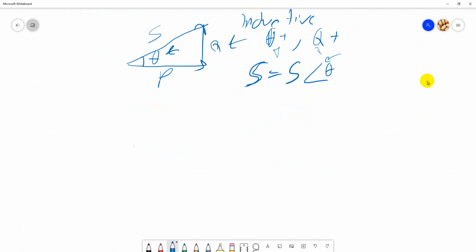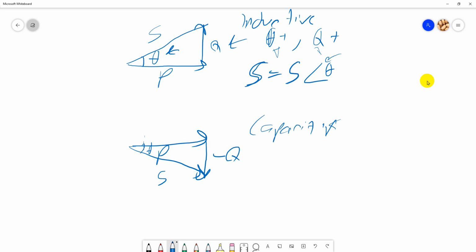For capacitive, P is also always go to the right, but for capacitive, Q goes down, negative Q. And S, okay, S goes here, and this is the theta. Okay, theta always at this side. So this one is capacitive. You need to know to differentiate the capacitive.